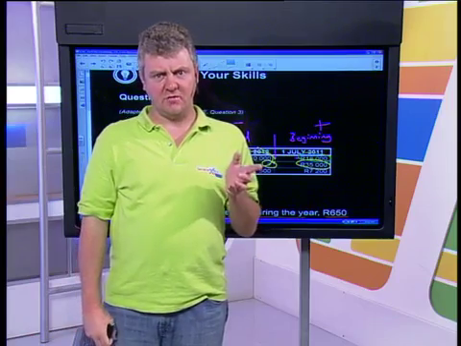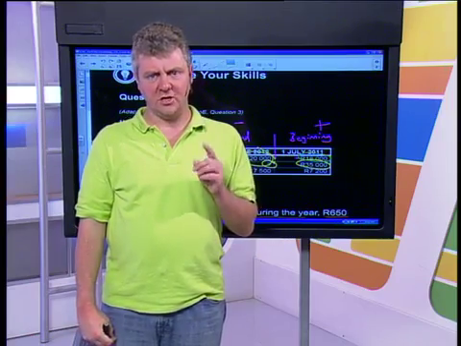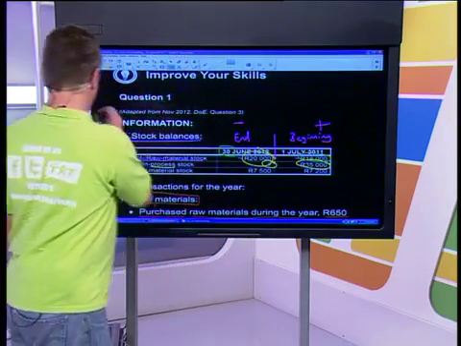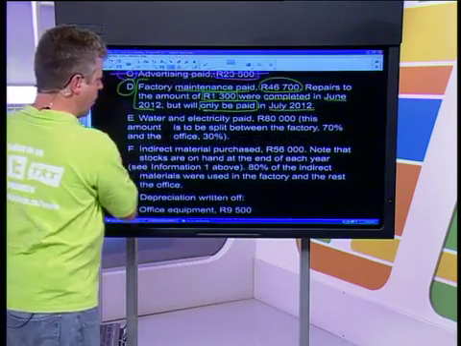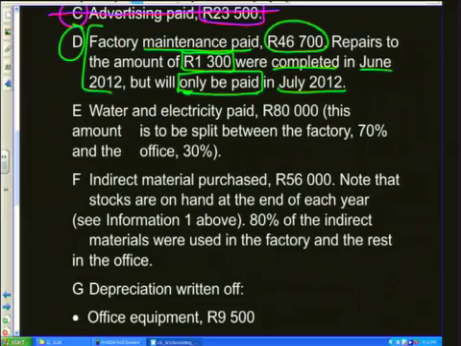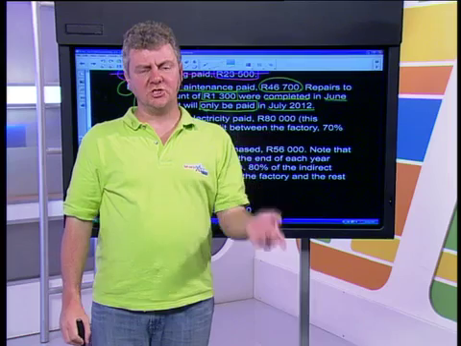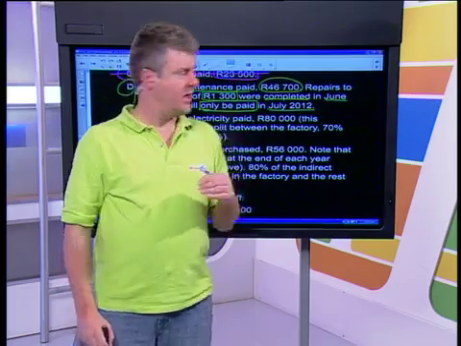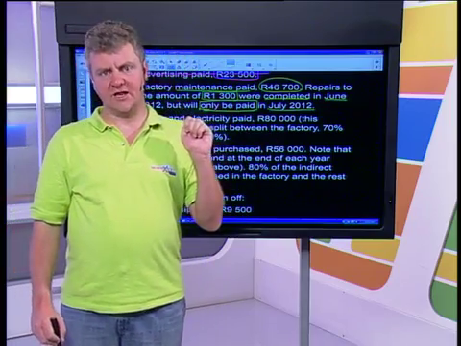And I'm sure some of you have got bells ringing in your heads to let you know that this was an accrued expense. It's money that we still have to pay in July, but the work was done in June. So that amount of 1,300 rand, which will only be paid in July, doesn't matter when it was paid, we're going to include it in June's expenses because the work was done in June.